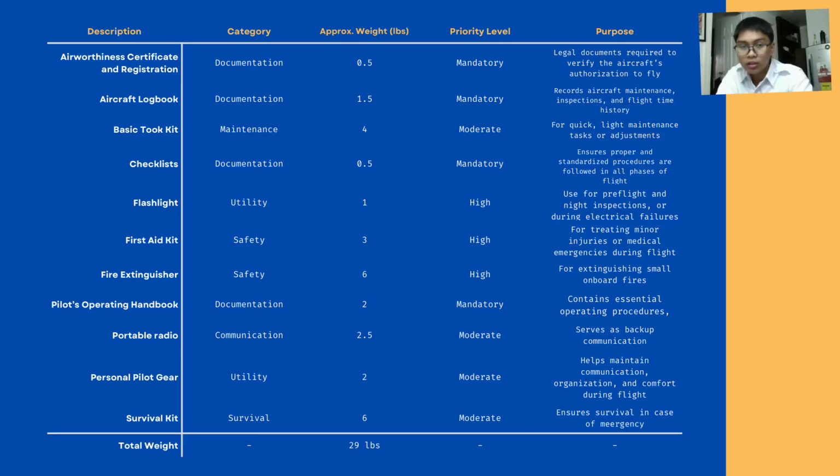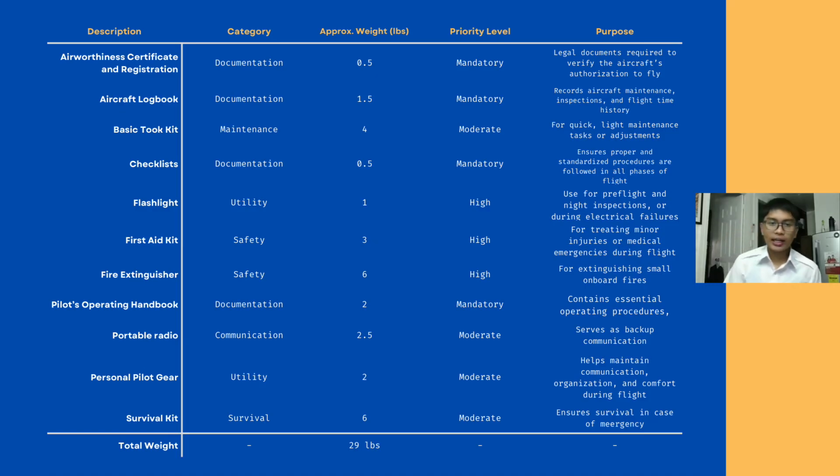So our next one is the basic toolkit. It is a moderate priority level, but it's for quick light maintenance tasks or adjustments. So it's a good option to have during flight, or before and after flights.